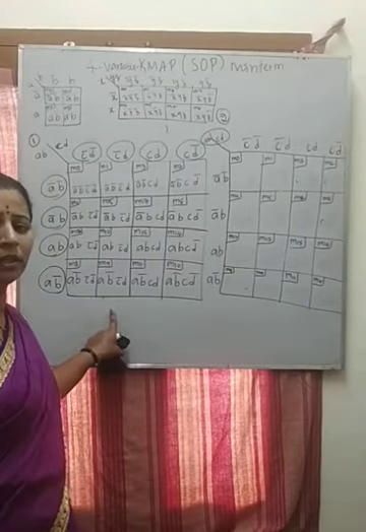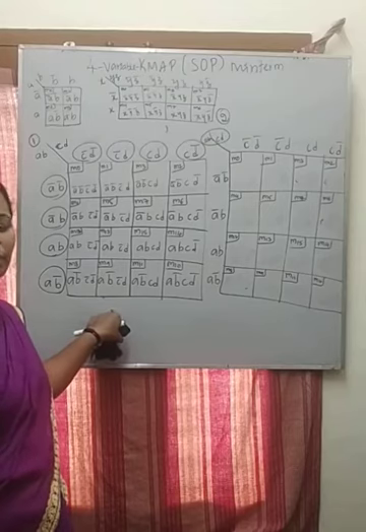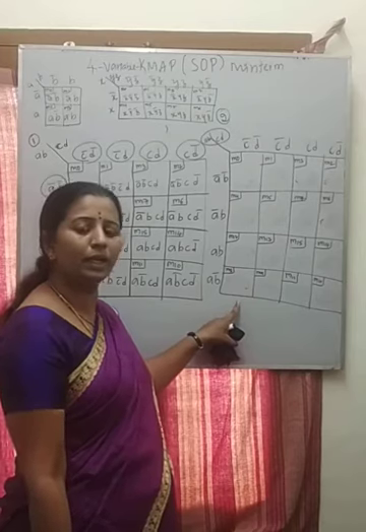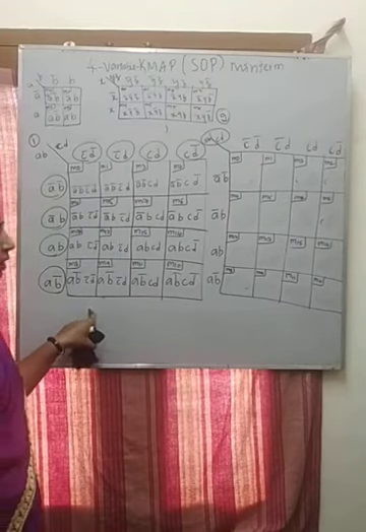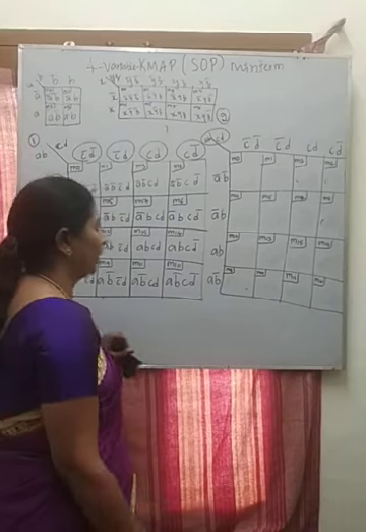First one, you just practice for 1, 2, 3 problems. Then you can go for this. But while writing in the exam, this is your first table and this is your second table. Why is this second table required?